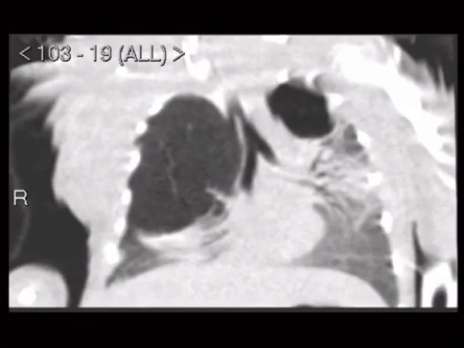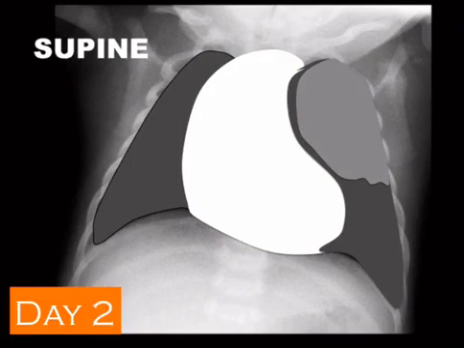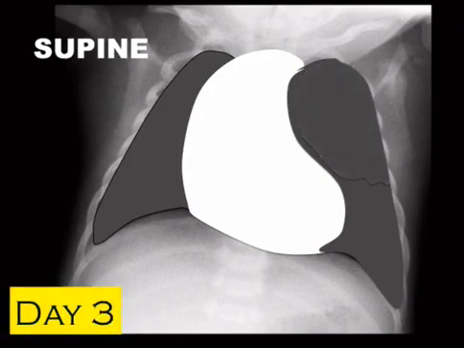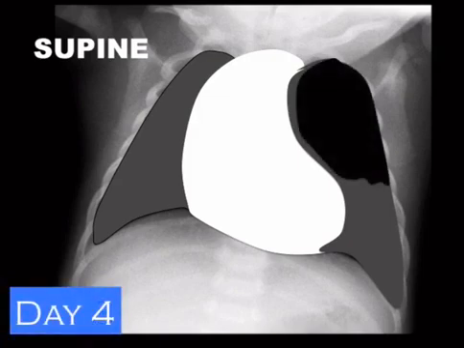And I want to show you the classic way that it's shown, which is in a series of x-rays. So day one, instead of seeing something lucent, you'll see something more dense, almost like a consolidative opacity. And then as you follow that, it becomes less dense, and then it starts to become lucent.